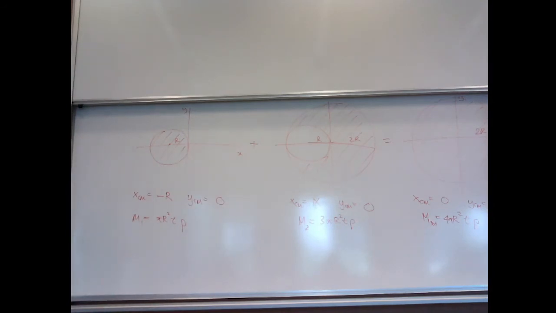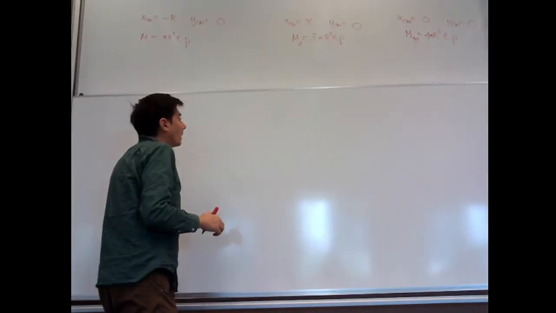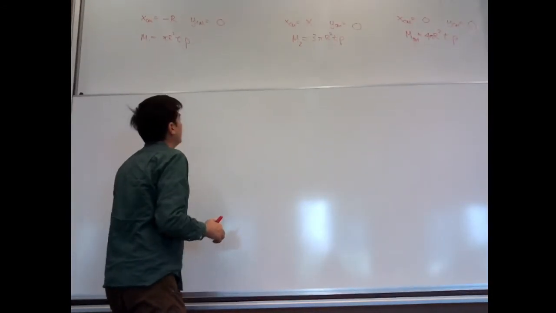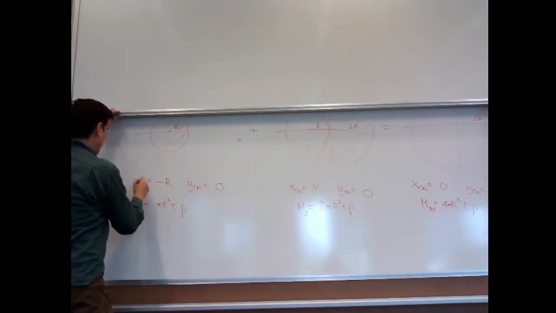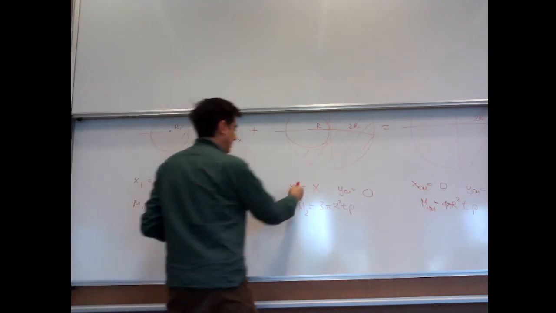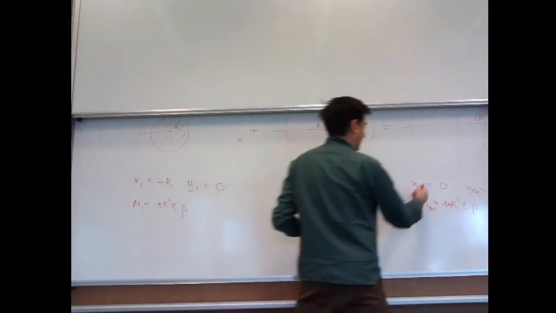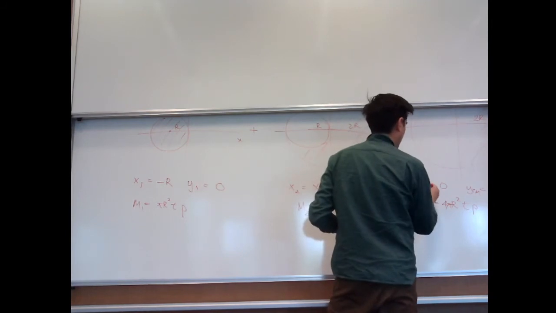Now, what we know from the center of mass formula, get the notation right here. So here, let's call this x1. These are the center of mass positions. Okay, this is x2, call this one 2. And this is the total.